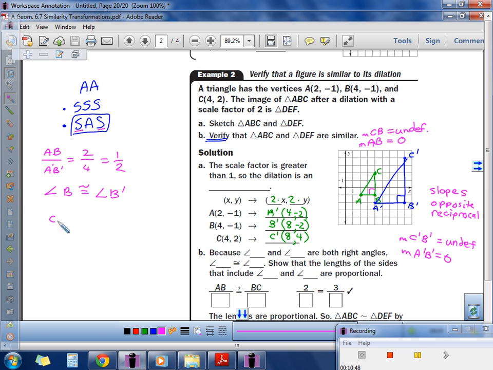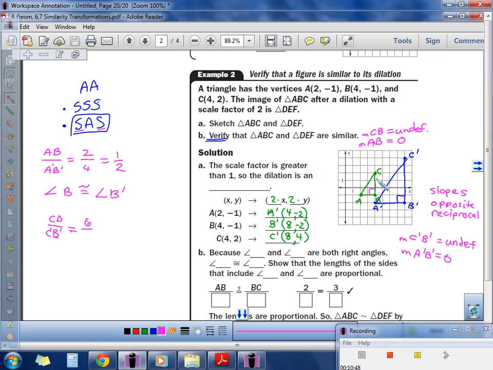So the other one would be CB over C prime, B prime. And we're going to find that those are going to be 1, 2, 3, 4, 5. Is that 5? No, 6 over how many?